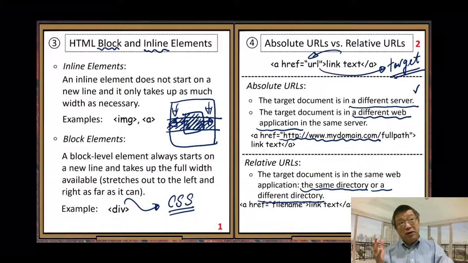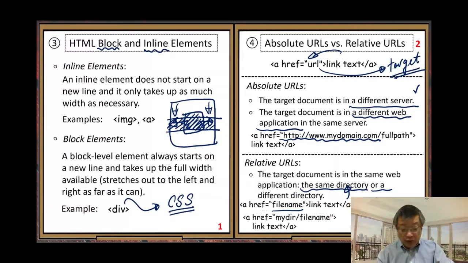This example corresponds to the same directory. So you just put a file name there. You do not need to mention any directory. By default, it's the same directory. But for a different directory, you may need to specify the directory name.